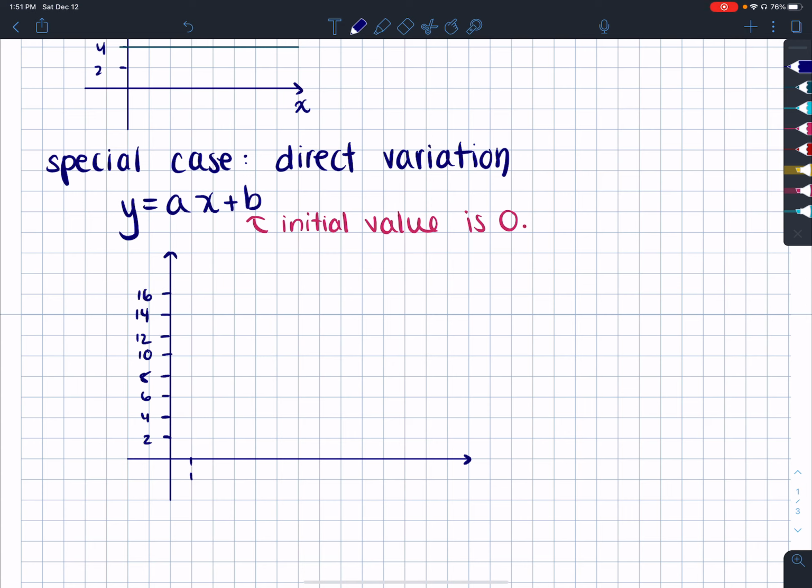So here I'm going to go up by ones just so that it's a little bit easier to visualize what's happening.